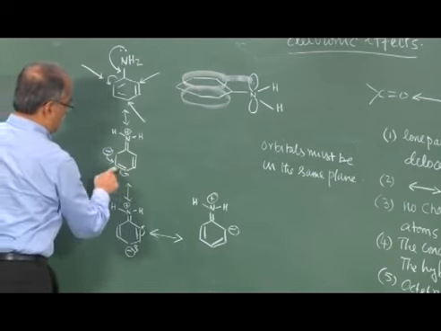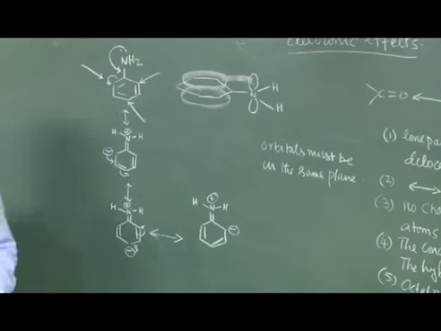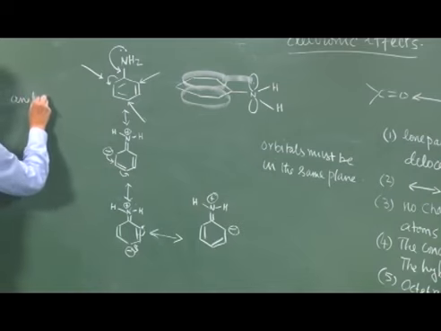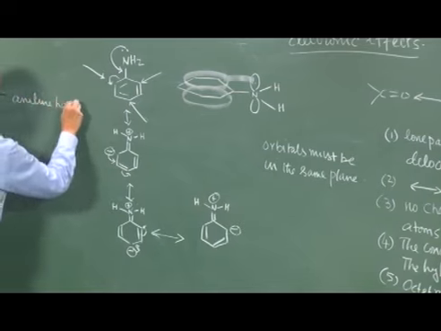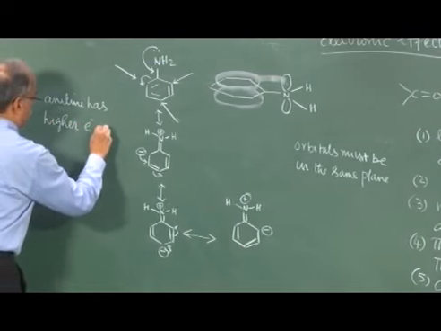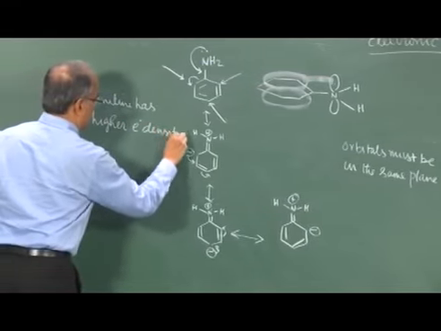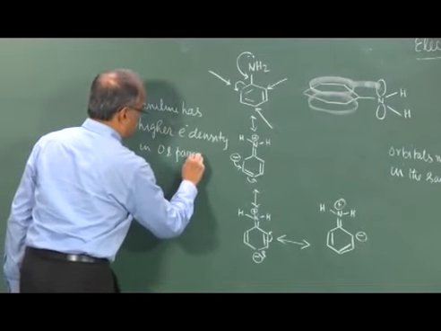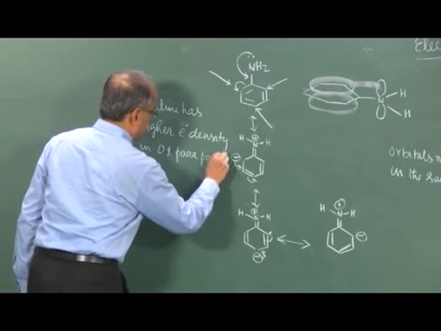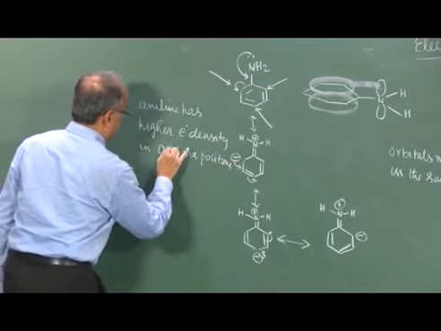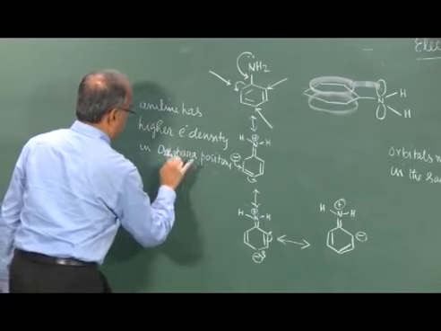You do not have a delocalized structure with the meta carbon having a negative charge. So, from the resonance structures we conclude that aniline has higher electron density in the ortho and para positions.